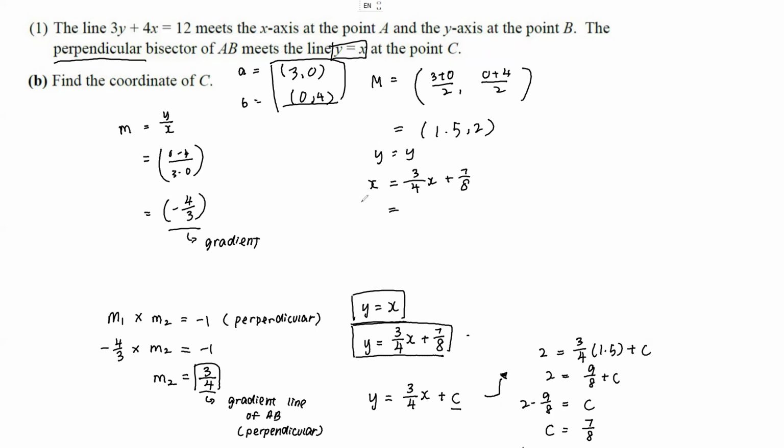And now we can find x. So x equals 7 over 2, which is 3.5.